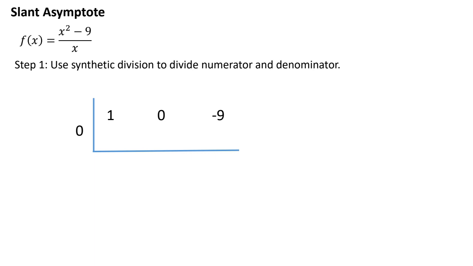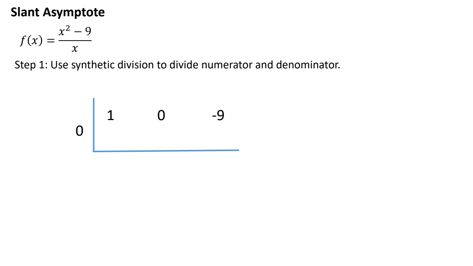So we have an x squared, so we have to have three values: the square, the single x, and the constant. We're missing the single x, so I represent that by 0. The coefficient of the x squared is 1, and the constant is -9.